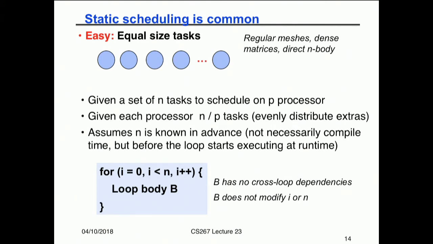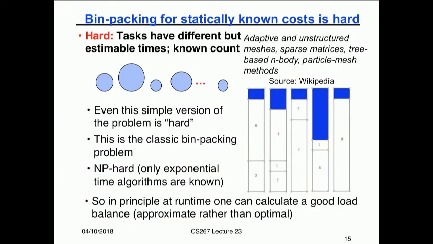Still, it's a pretty trivial amount of work to be done at runtime: divide n over p. And this is, of course, something a compiler can do if it doesn't have any dependencies. That's kind of an orthogonal issue, but if all those iterations can be run in parallel, it's called self-scheduling typically in the compiler literature, but it's still basically this load balancing problem.